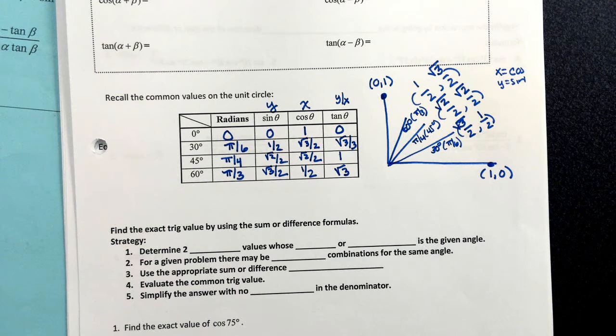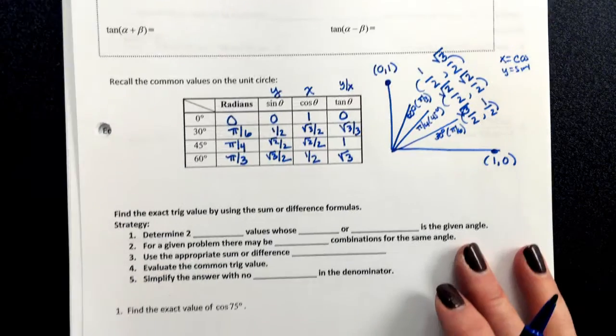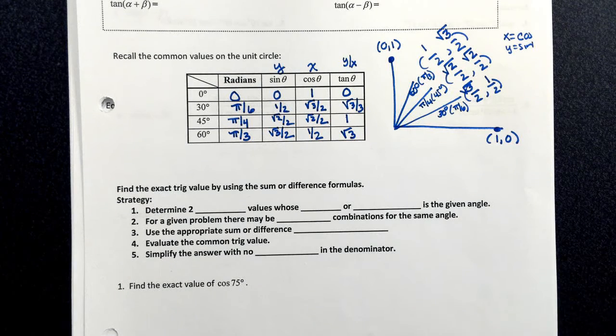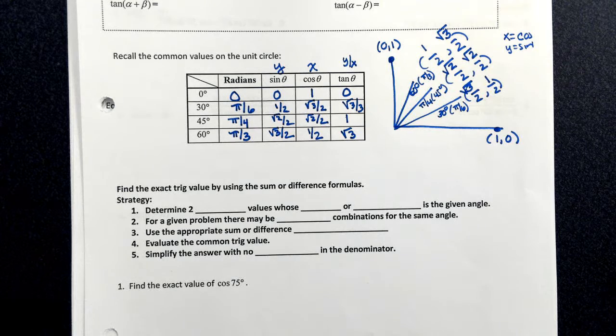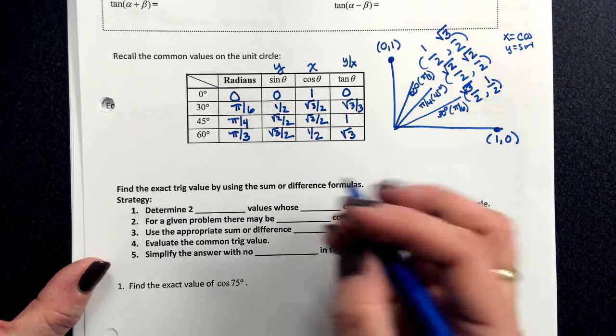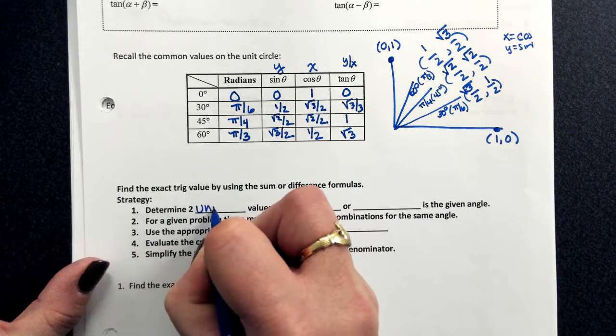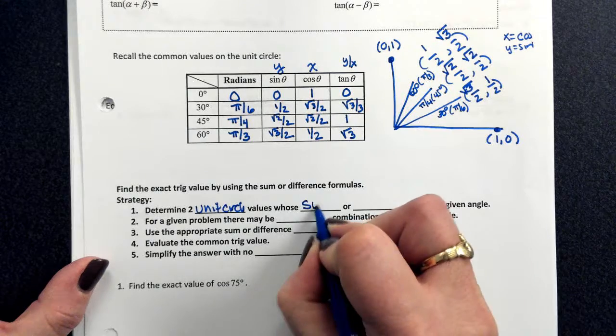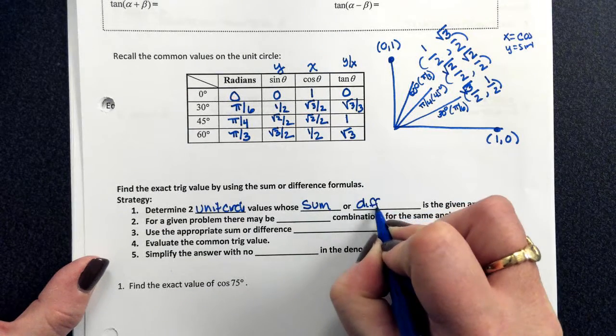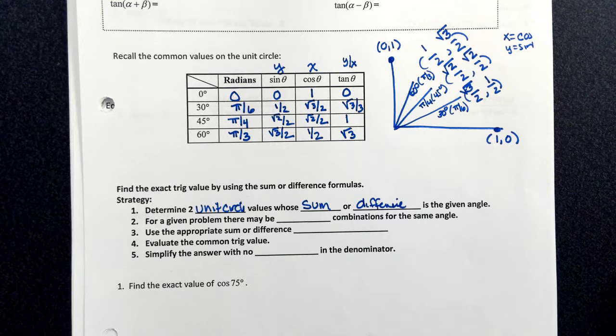So what we're going to be focusing on using these sum and difference formulas is finding exact values of other angles that are not a member of the 30, 60, 90 family. What we're going to do is first determine 2 unit circle values whose sum or difference is the given angle.